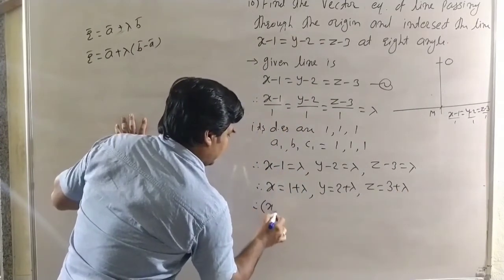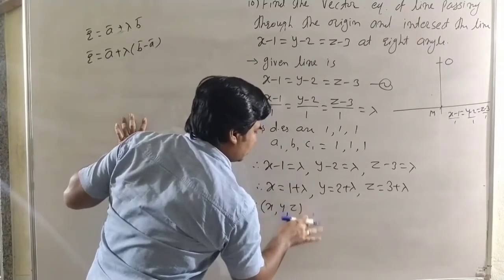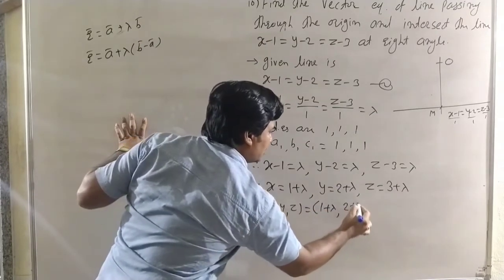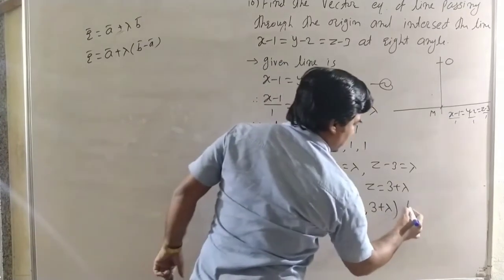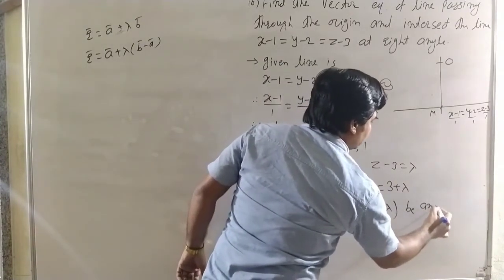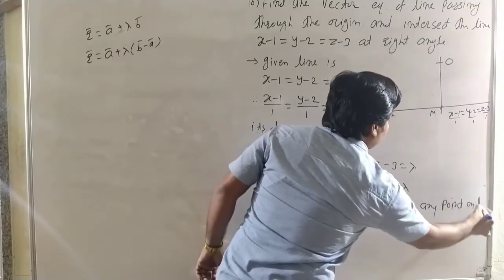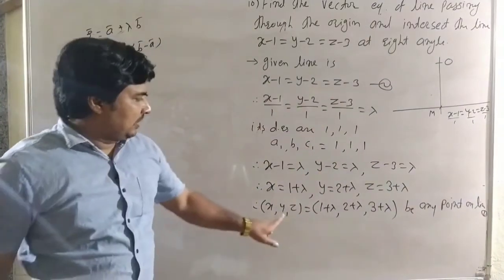Therefore the coordinates x, y, z are 1 plus lambda, 2 plus lambda and 3 plus lambda, any point on line 1.